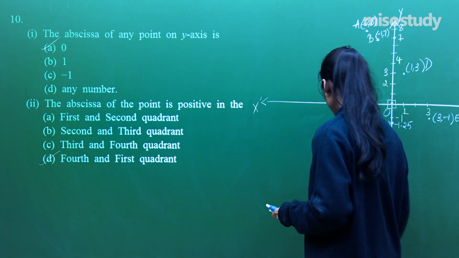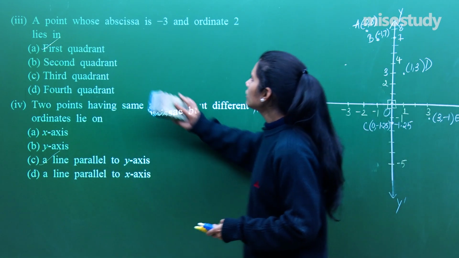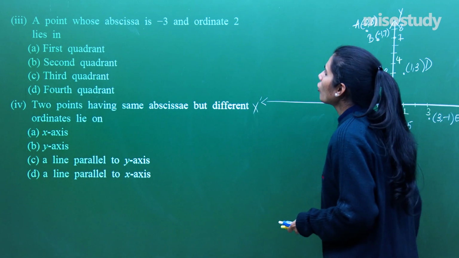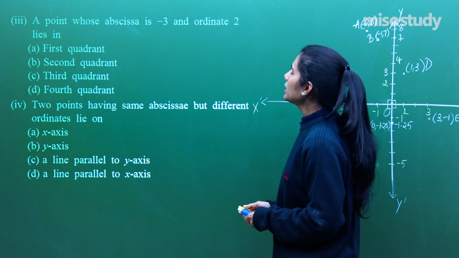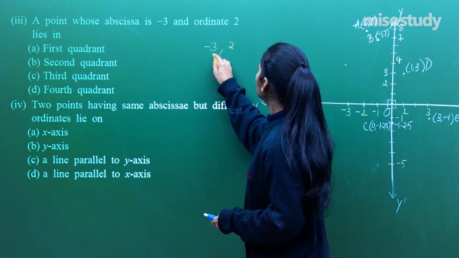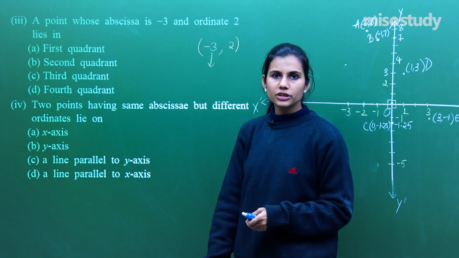Right? Next I have a point whose abscissa is minus 3 and ordinate is 2. A point whose abscissa is minus 3 and ordinate is 2 is going to lie where? Abscissa is minus 3, ordinate is 2, that means x coordinate is minus 3, y coordinate is 2, so the point has coordinates minus 3 comma 2.